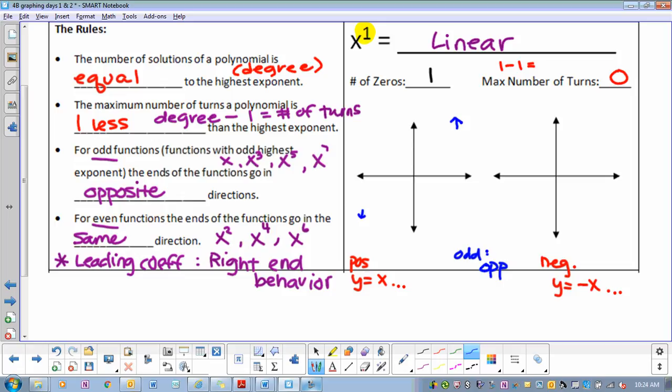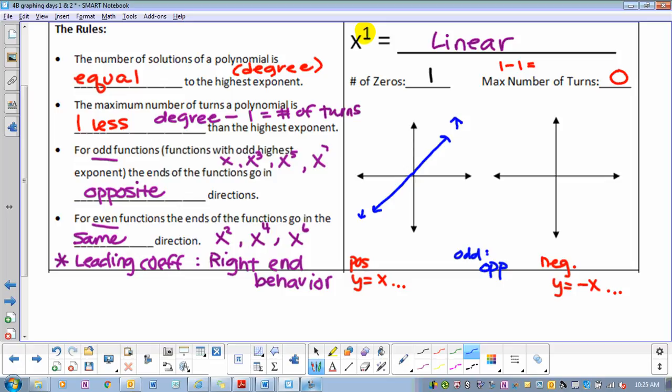Does that make sense? Yeah? Are there any terms? No, 0 terms, right? Okay, so then right arm is going up, left arm is going down. There you go. That's a line with a positive slope, right?